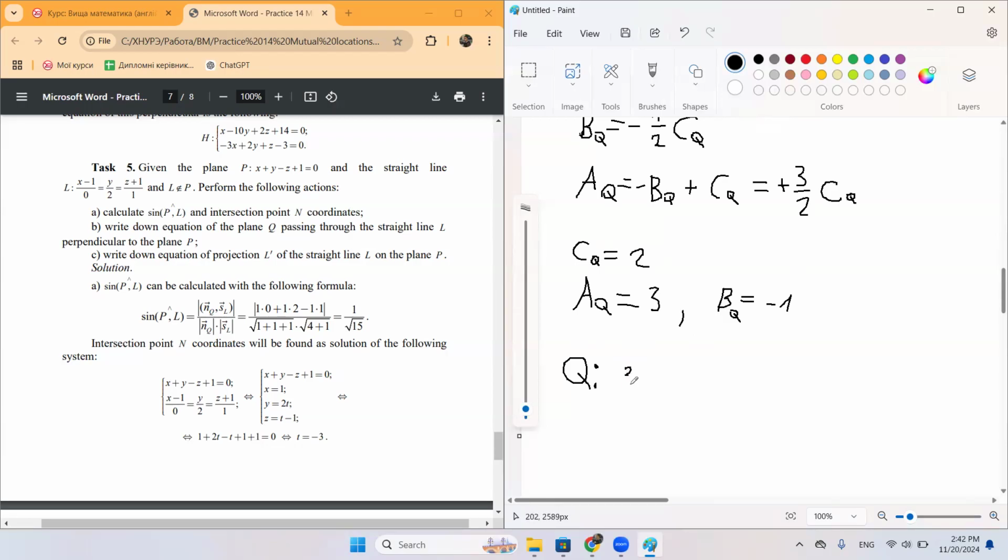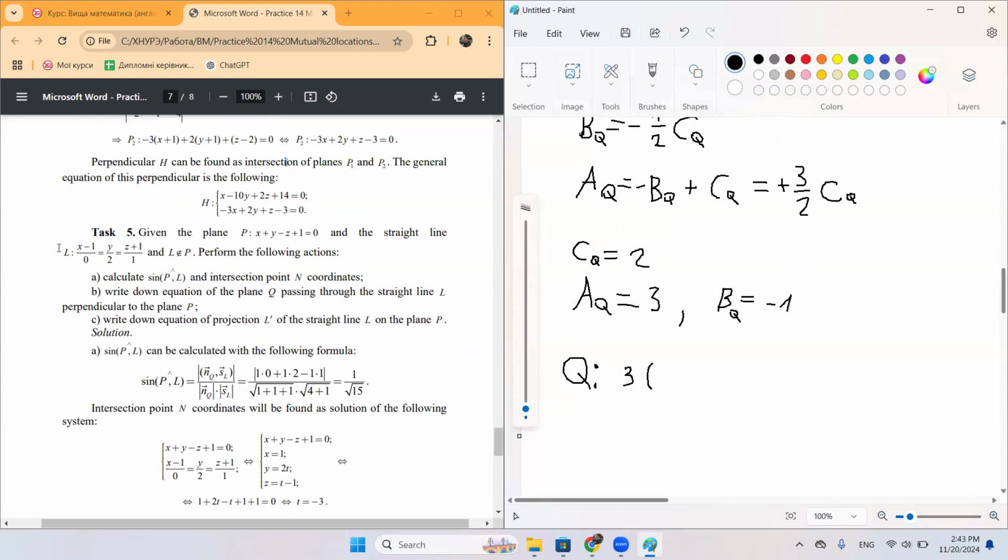So the equation will be the following. We also need to use the point, so we have the normal vector and the point. So 3 times (x minus 1) minus y plus 2 z plus 1 equals 0.